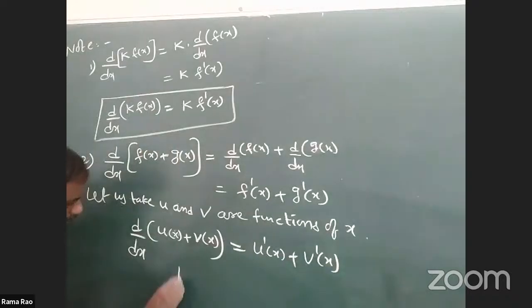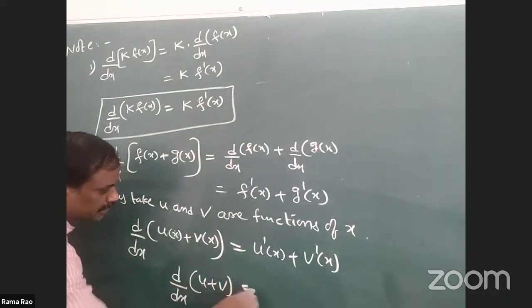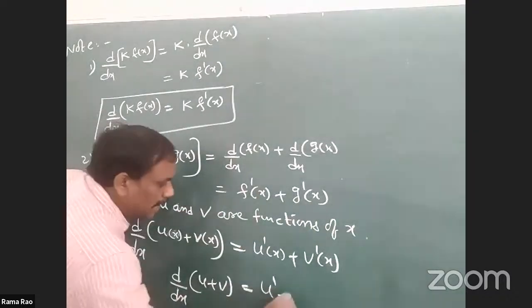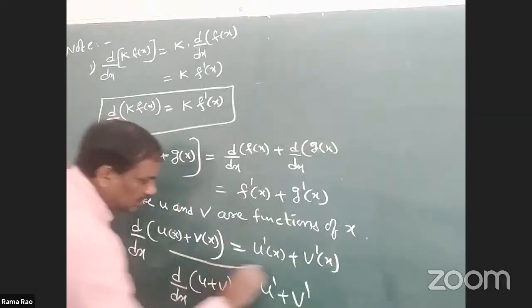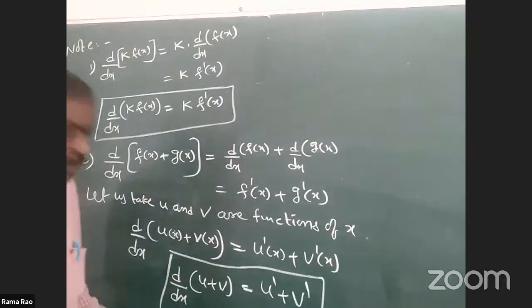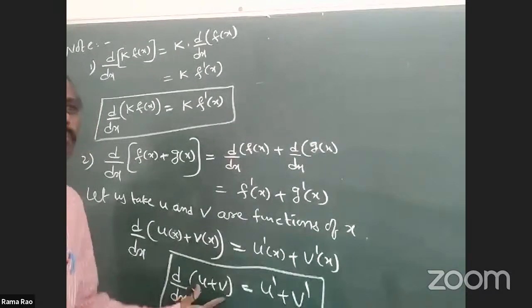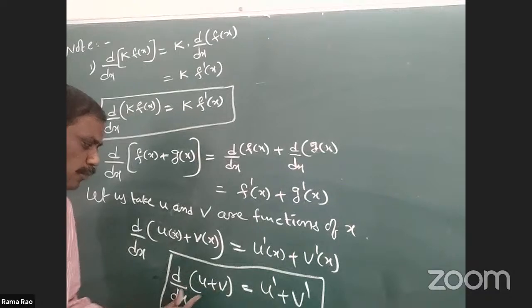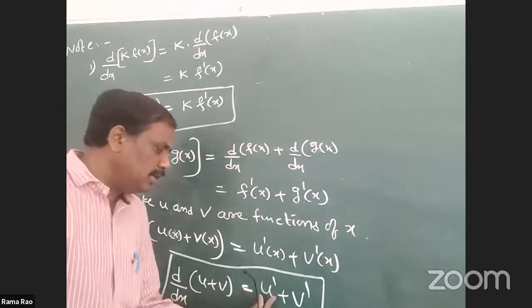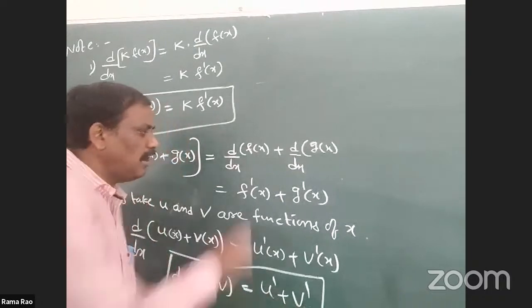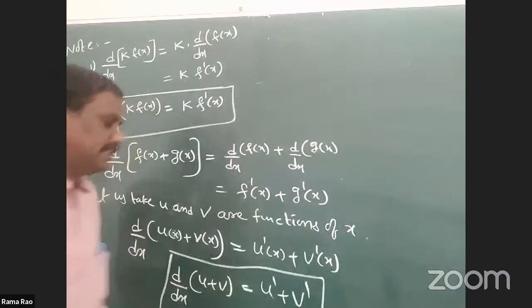It can be written simply as d by dx of u plus v, where u and v are functions of x only, equal to u dash plus v dash. That is the formula. Derivative of sum of two functions is equal to, we can write individually, u dash plus v dash, or f dash x plus g dash x.